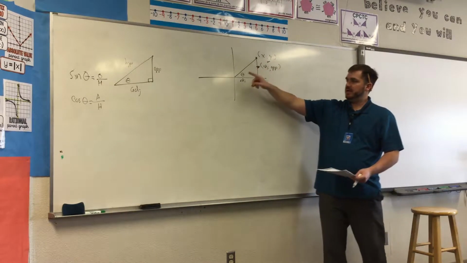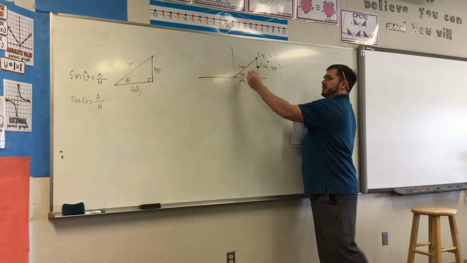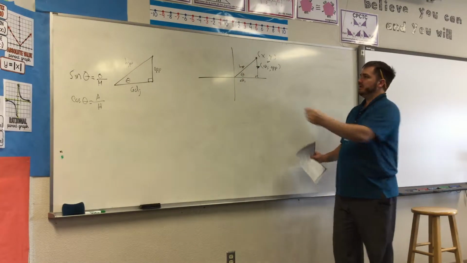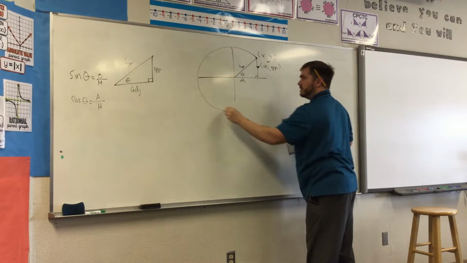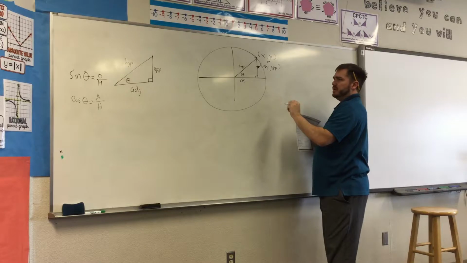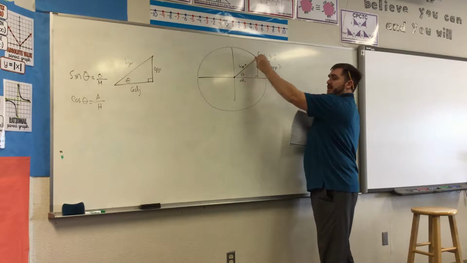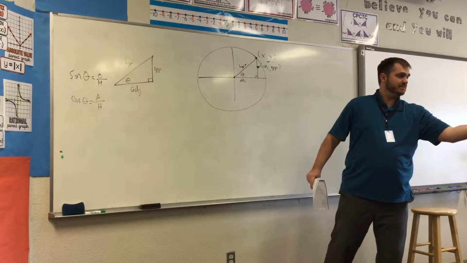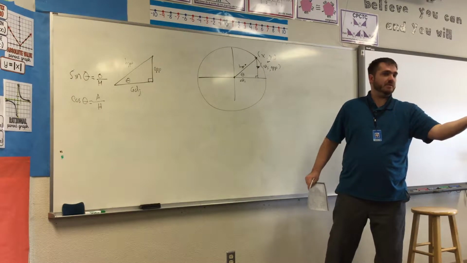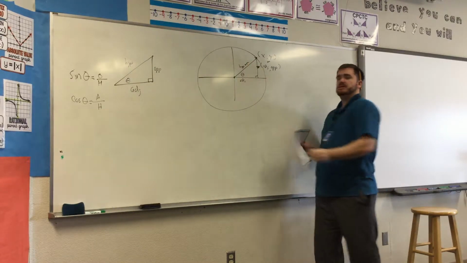Okay? And instead of hypotenuse, we're going to think of this point right here as being on a circle. And this would be from the center to the edge. That's the what, folks? Hypotenuse? Yeah, but in the context of a circle, the radius.